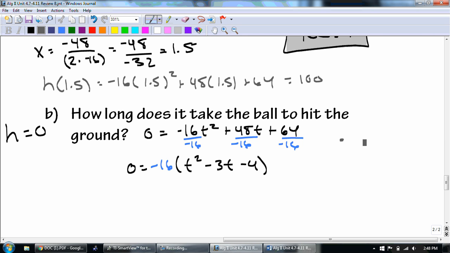Factoring this, I want numbers that multiply to negative 4 and add to get negative 3. Well, there's only one combination that works, and that's 1 and 4, and my 4 is negative. Since my leading coefficient is 1, I can do the shortcut. So we have t plus 1 and t minus 4.